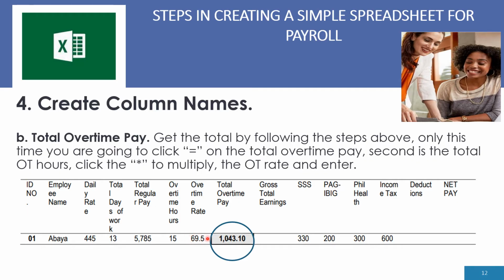To multiply the rate with this one. Again, you click equals, then click this, then asterisk, then click this, then press enter. Okay?